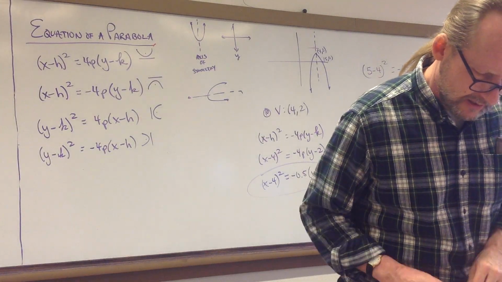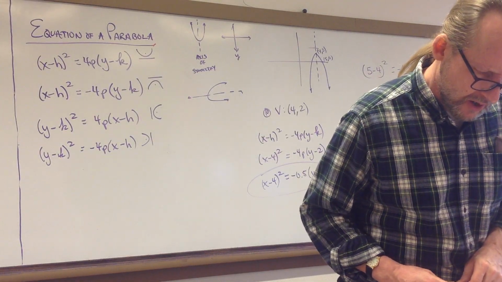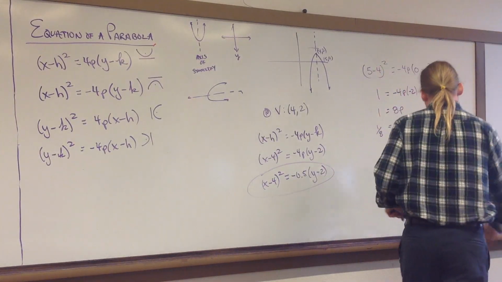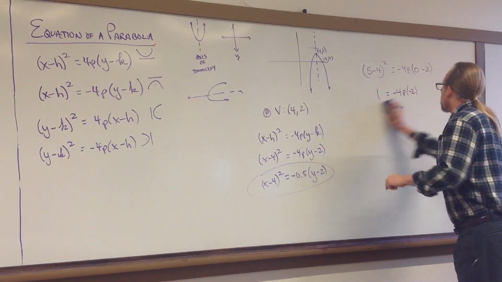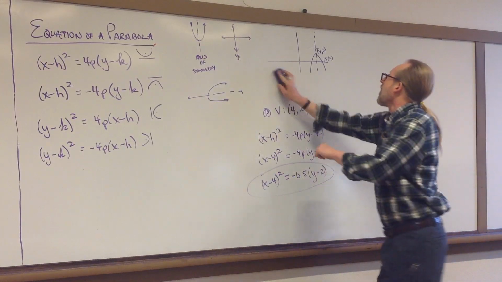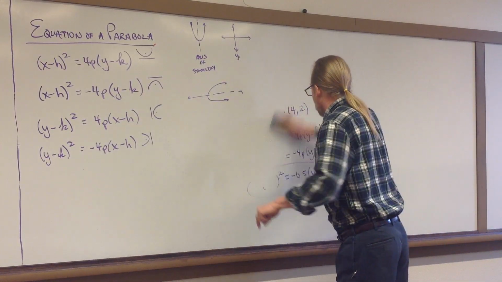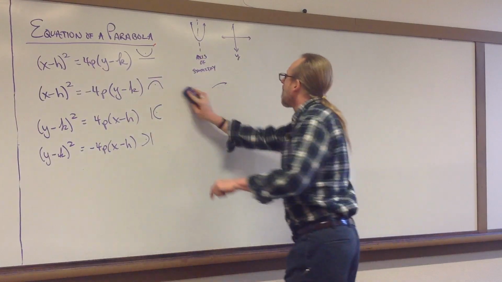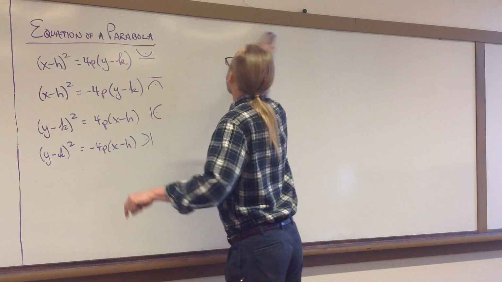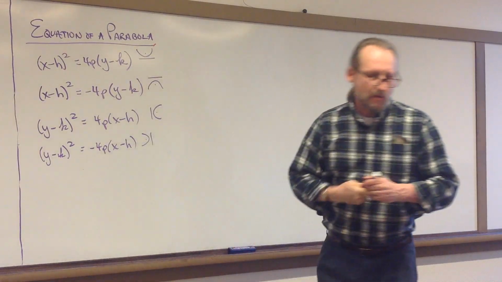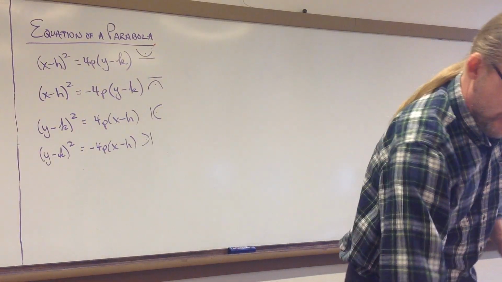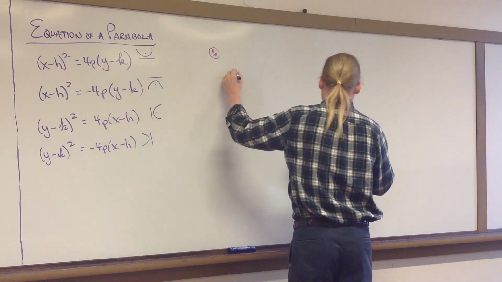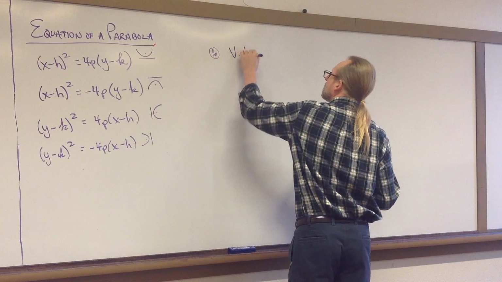All right, let's see here. I'll do one more of these. Problem 16 is similar to this problem. Okay, so problem 16, we've got a vertex at the point negative 6, negative 6.